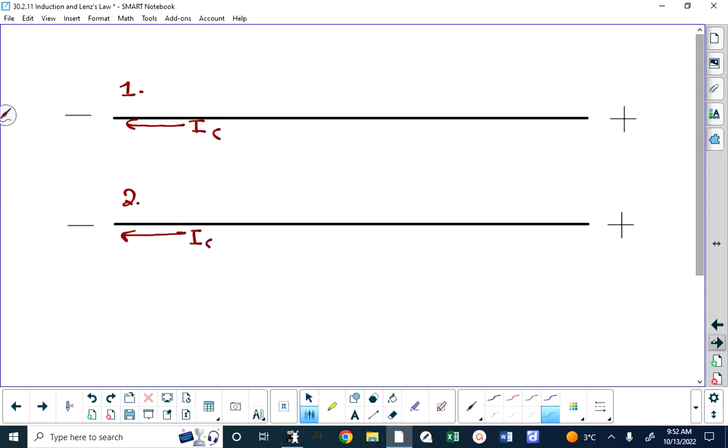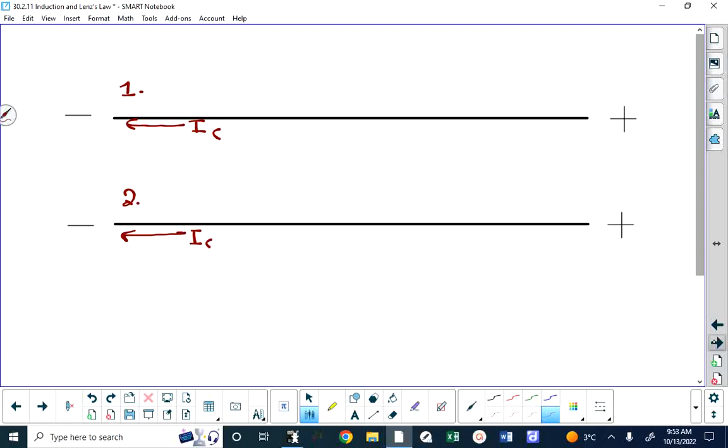Now comes the tough question, and I'm going to just throw it out there and see how many of you can come up with an answer on your own. What is the direction of the magnetic field created by wire 2 that wire 1 is in? Let me just paraphrase that.